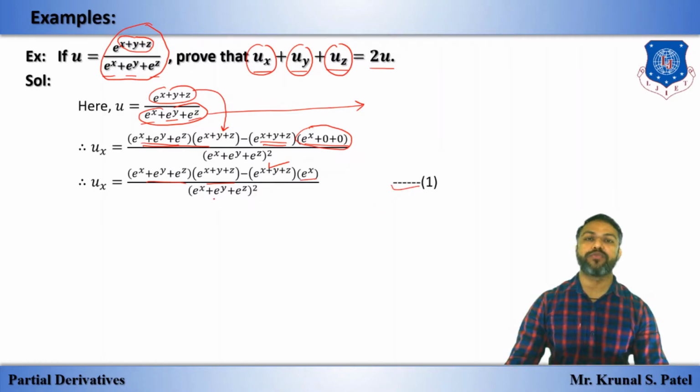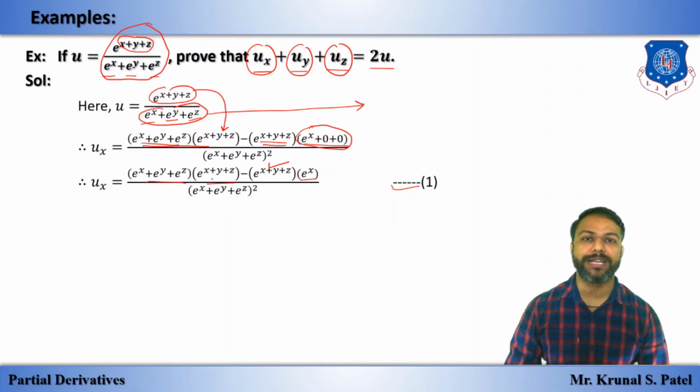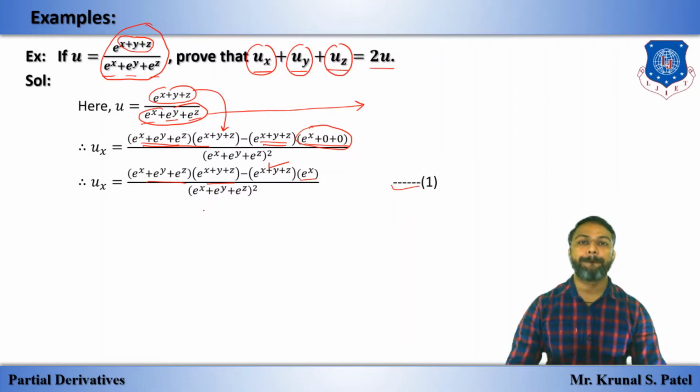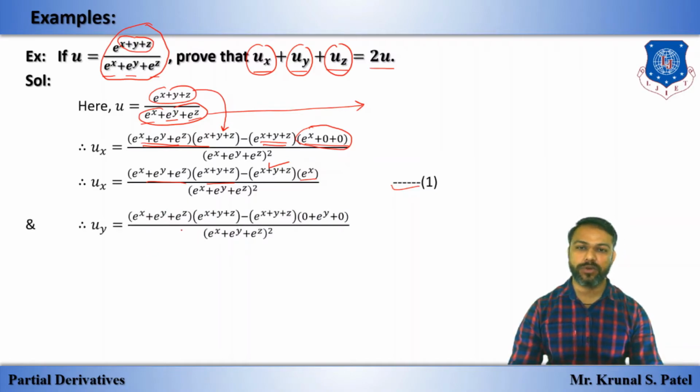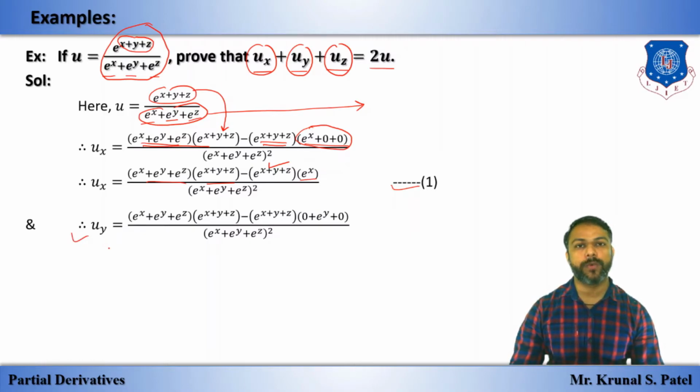Now in the same way we will find the value of uy, that means differentiation of u partially with respect to y. So same division rule, but this time we are differentiating partially with respect to y, so x and z are treated as constants.